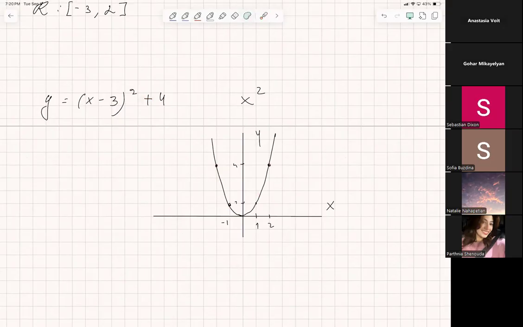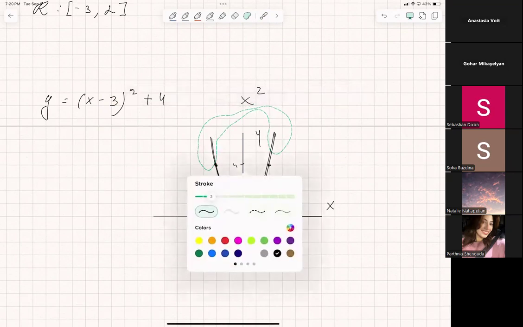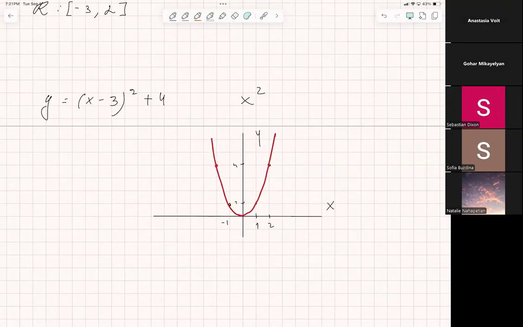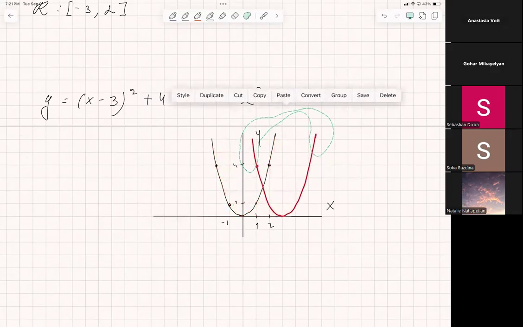So since I'm on the iPad, I guess for me it would be easier just to duplicate it and maybe choose another color. So let's say like this, and I will be moving this one. On a piece of paper that would not be so easy to do, but you get the idea. So all the points are moving in this case 1, 2, 3 units to the right, right?